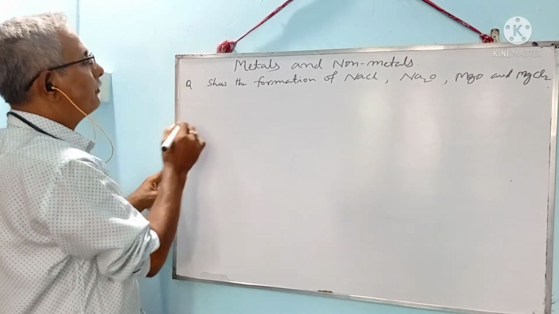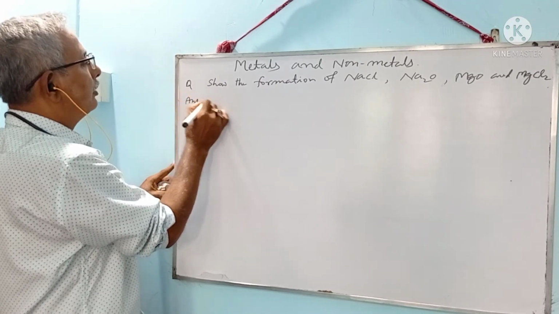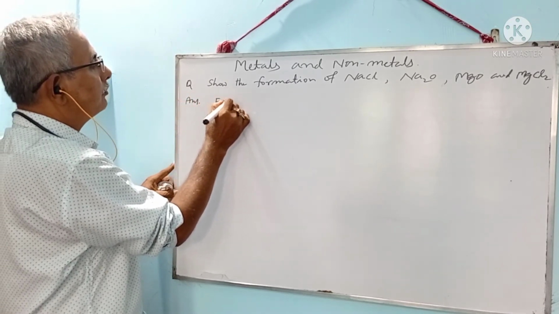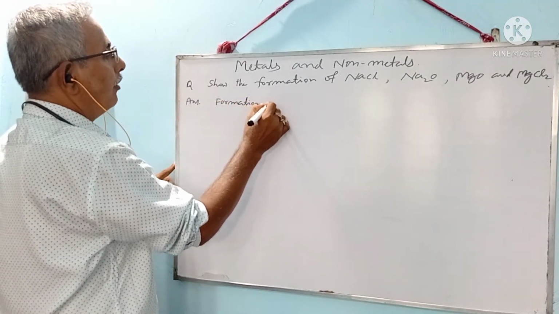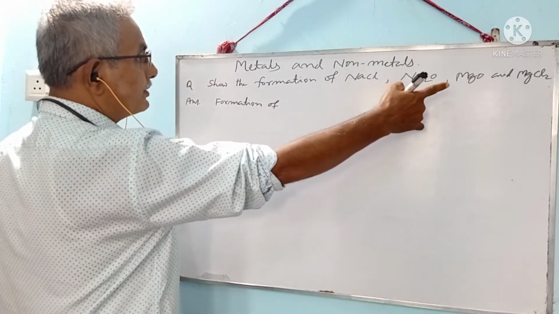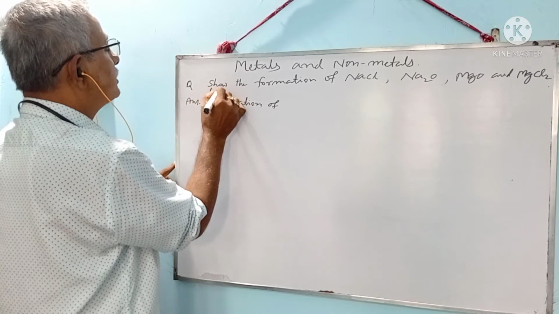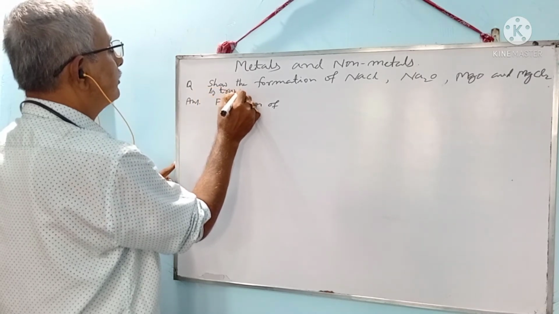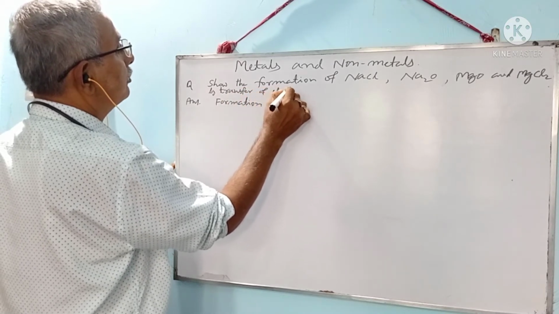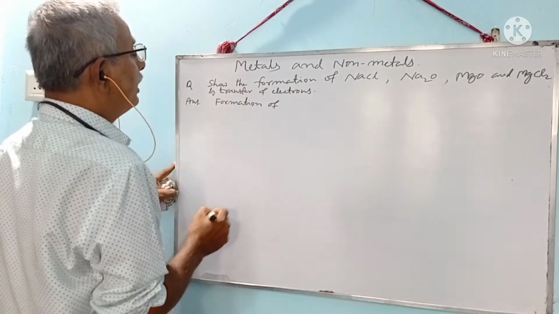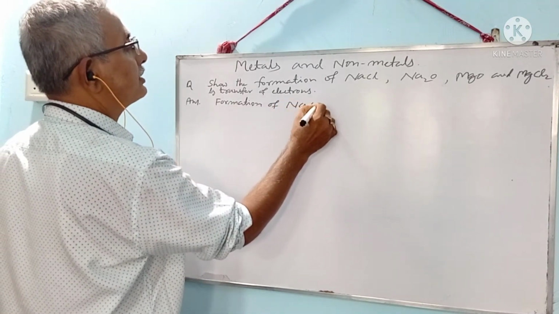Number 1, we are talking about the formation by the transfer of electrons. Here you see, the formation of sodium chloride we are discussing.